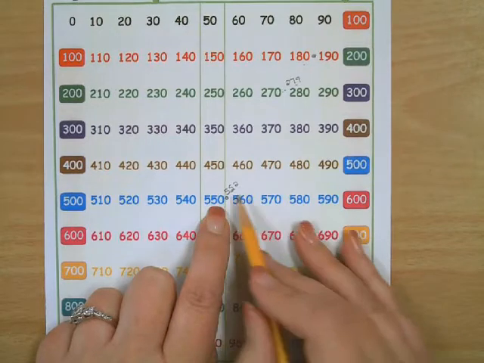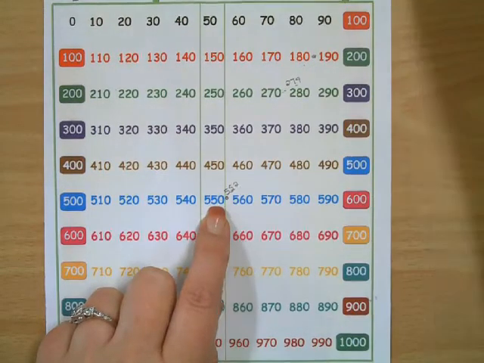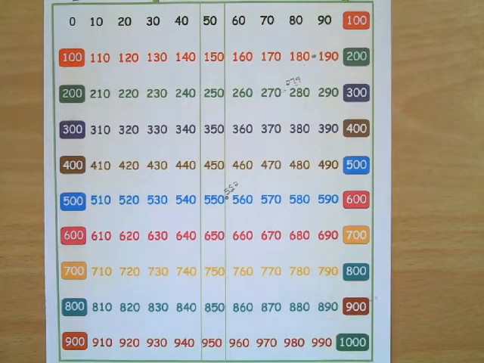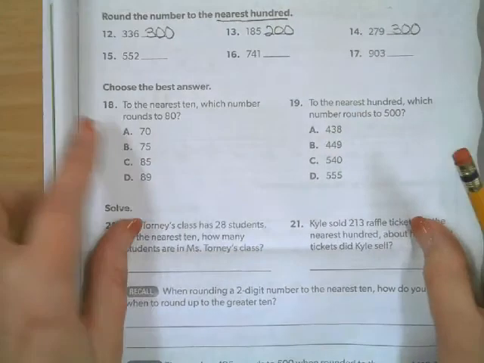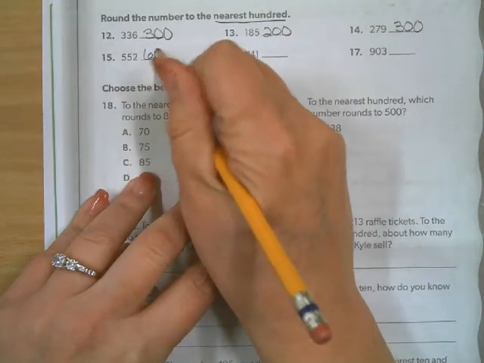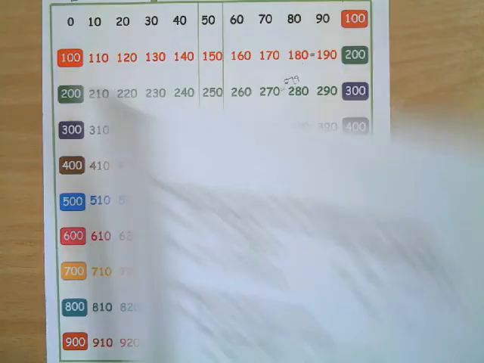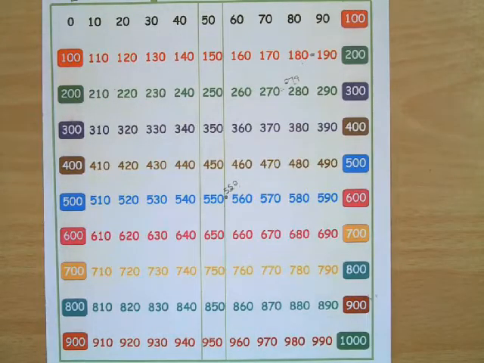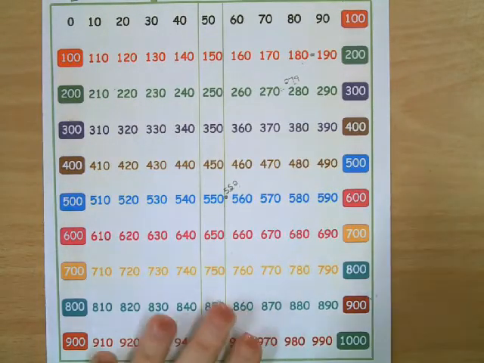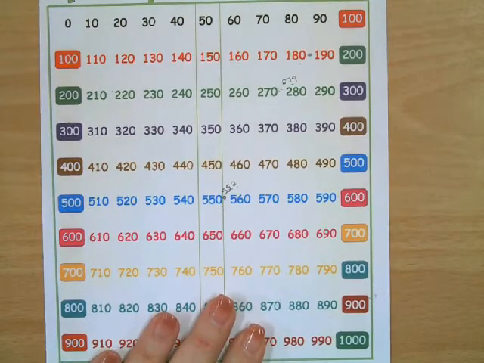So we're going to round that up to 600, which is the next 100 after 500. So on our answer document, we're going to make sure that we have written 600. Now, if you got it incorrect, fix it with your pen. If you got it correct, you can put a star or a little happy face next to it. That's perfectly fine.